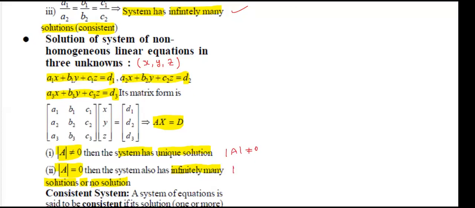Infinitely many solutions or no solution means det A is equal to 0. This is the shortcut method. Remember it.